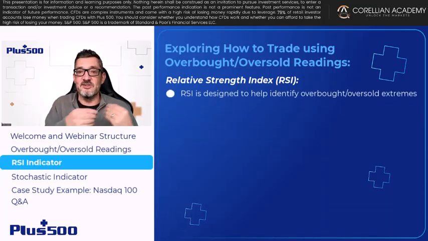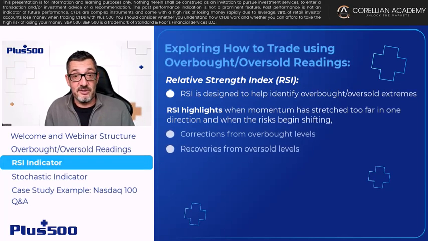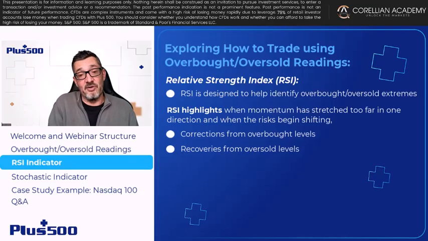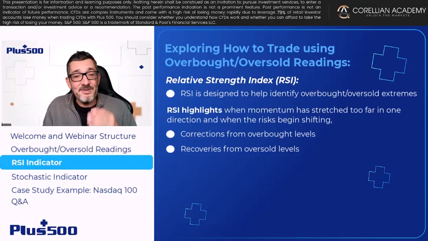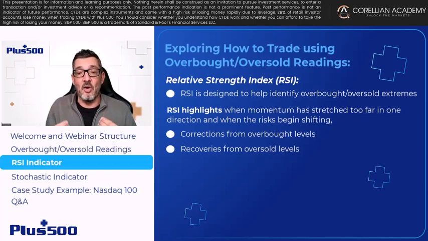The RSI is designed to help us identify these extremes. It highlights when momentum is stretched too far in one direction and when the risks are beginning to shift towards corrections from overbought levels or recoveries from oversold levels. Understanding these dynamics is essential, not because they guarantee reversals, but because they help us recognize when the balance of pressure in the market may be starting to change.